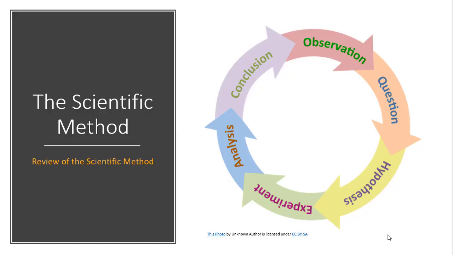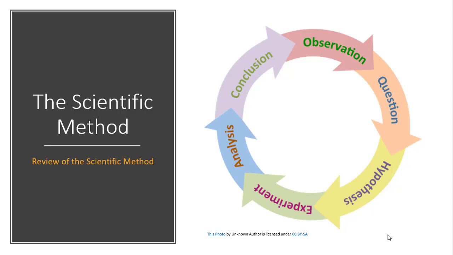Let's get started. Let's do a brief review of the scientific method. The scientific method usually starts with an observation, or it could even start with reading up on the conclusion of previous researchers about a particular phenomenon or issue.